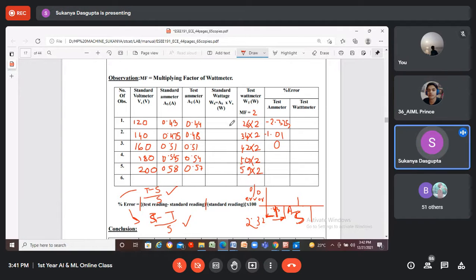For the first reading, for the standard wattage, I am getting 51.6. That is 120 into 0.43.